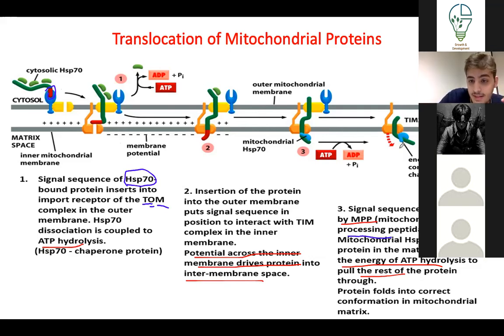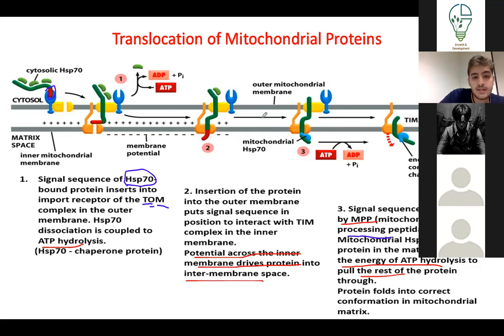Then it gets inside through TIM, the translocase of the inner membrane. And once it's in the mitochondria, another HSP70 chaperone will fold it again to its original shape. That's the general gist of it.